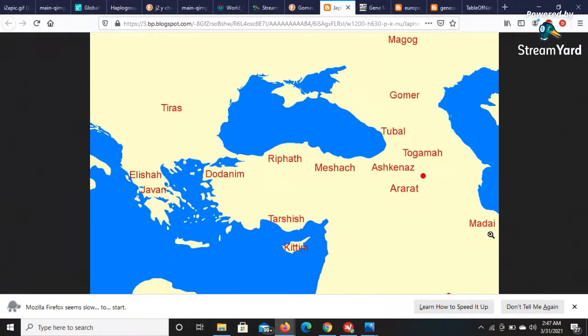And the Magog and Tubal, I don't know. Tubal maybe, Javan. It's hard to say. Some of these could have been Neanderthal for all we know, right?